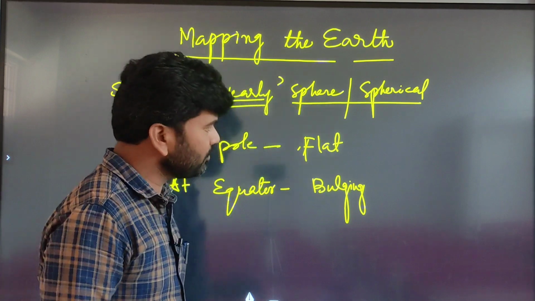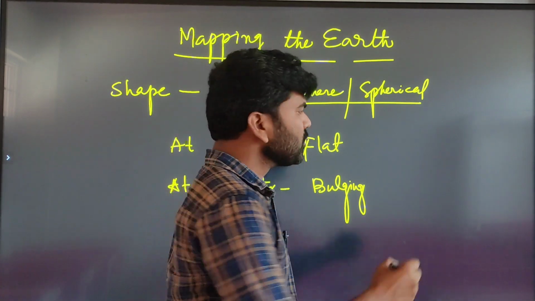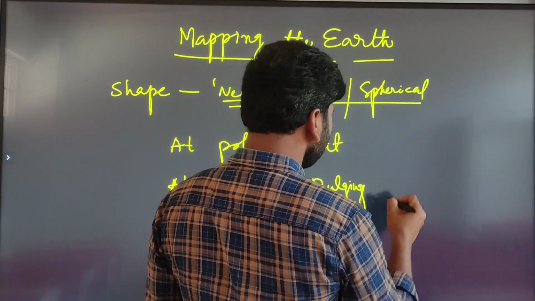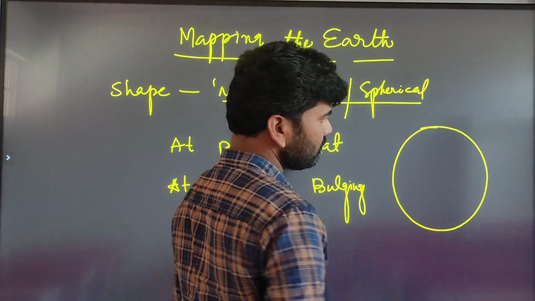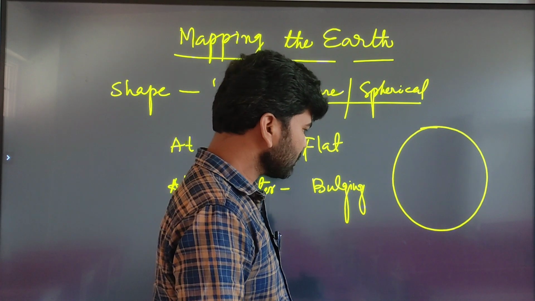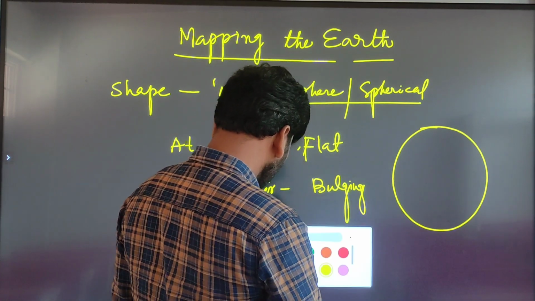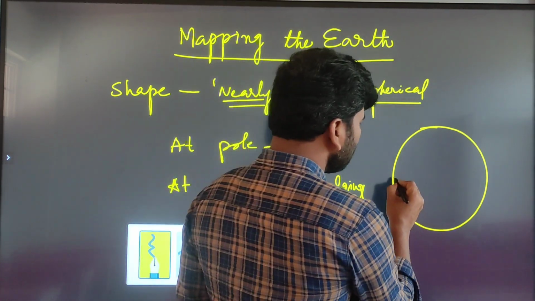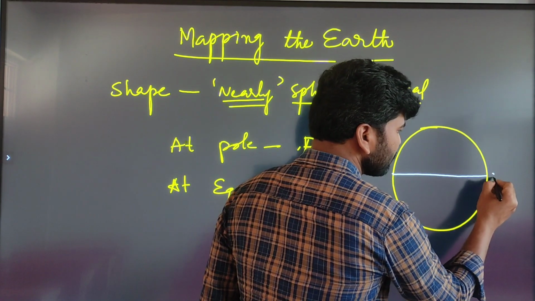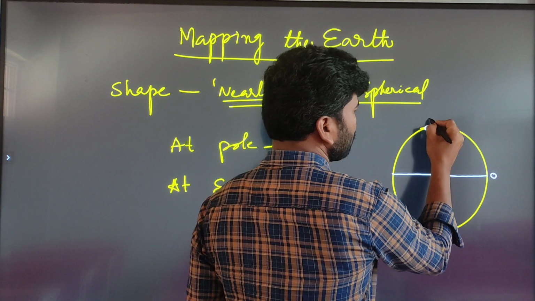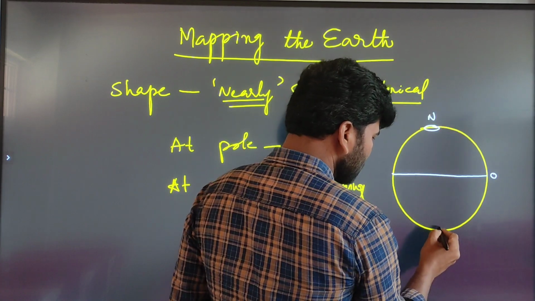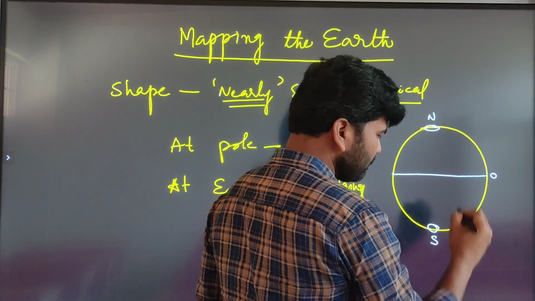So what does this mean? Suppose you just imagine this is the shape of the earth. On this earth, this is the equator. This is known as the North Pole, and this is known as the South Pole.